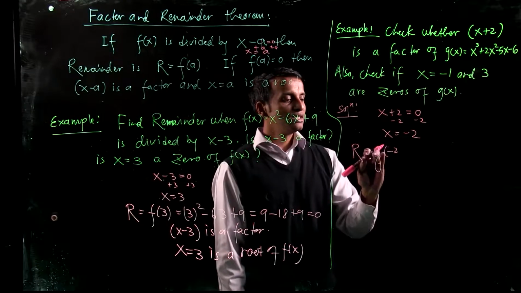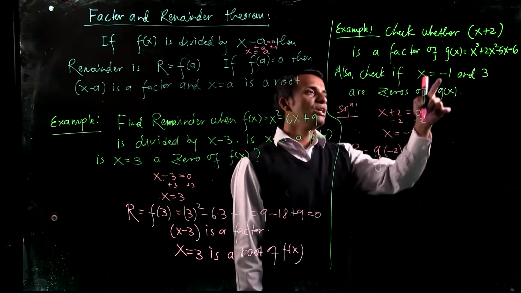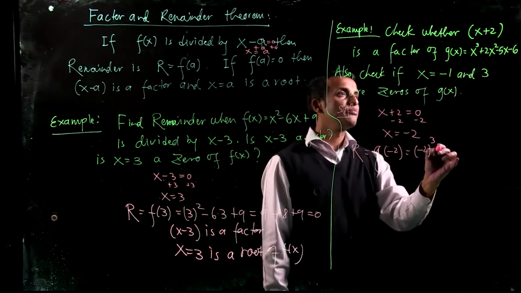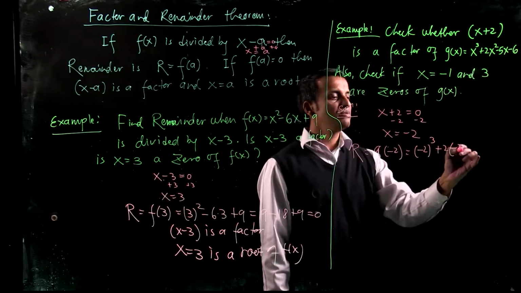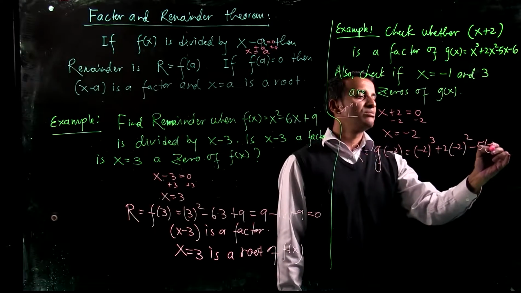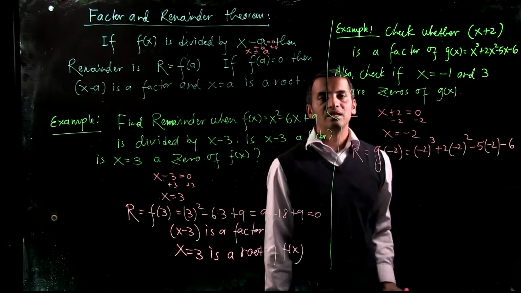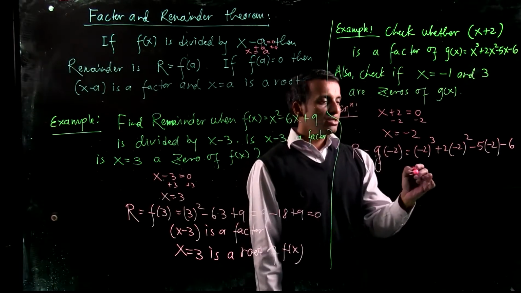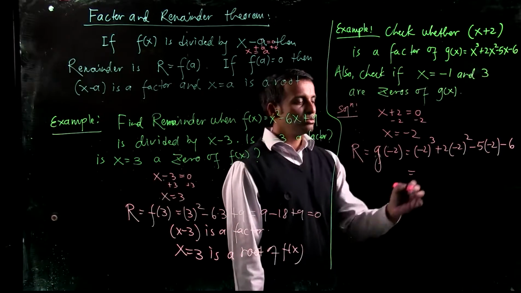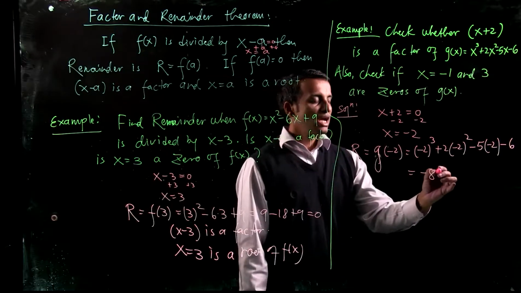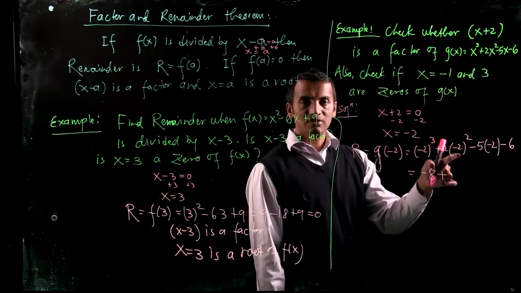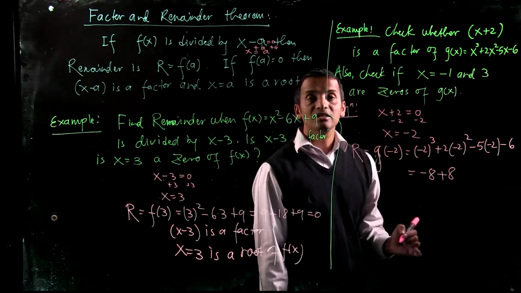So what do you get? Replace all the x by negative 2, and you get negative 2 cubed plus 2 times negative 2 squared minus 5 times negative 2, and then minus 6. Negative 2 cubed is negative 2 times negative 2 times negative 2, that will be negative 8, and then plus 2 times negative 2 squared, which is positive 4 times 2, positive 8.